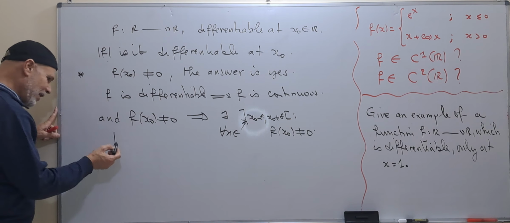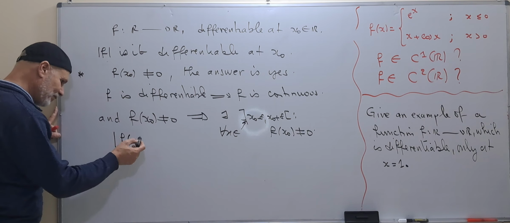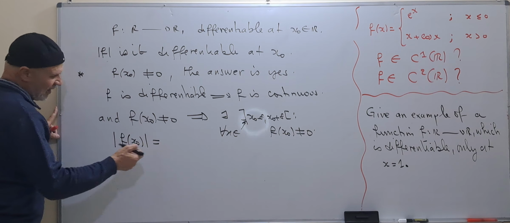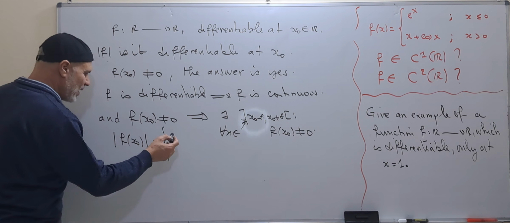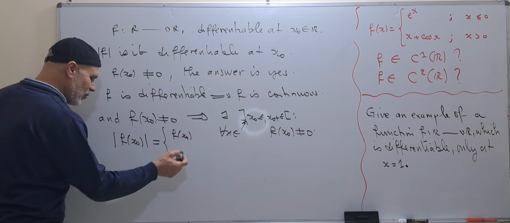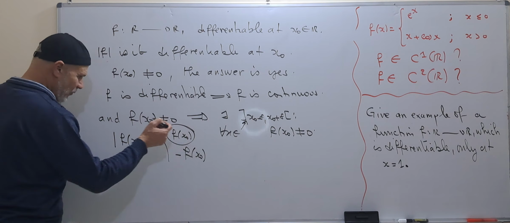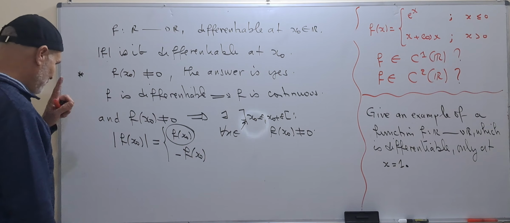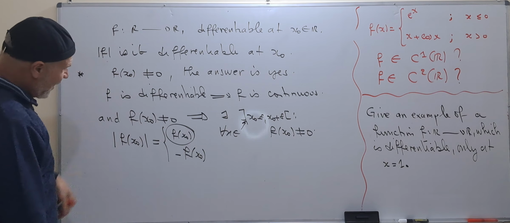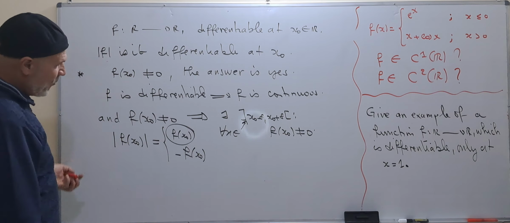The absolute value of f of x can be equal to f of x or minus f of x. Let us take the first case, and for the second case it will be the same technique. Let us suppose that it is positive.